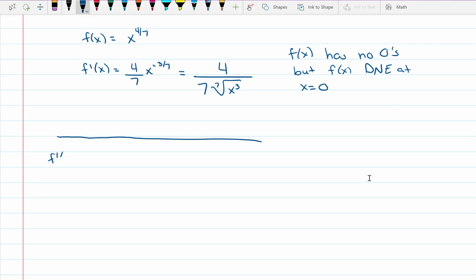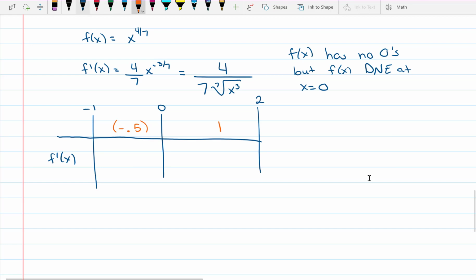So I have f prime of x. I have my first endpoint, which is -1. I have my critical point, which is 0. And then my endpoint, which is 2. Any other critical points I would fill in the chart. So for the point in between, I'm going to choose -0.5, and here I'll choose 1. So basically we need to evaluate it at these 5 points.